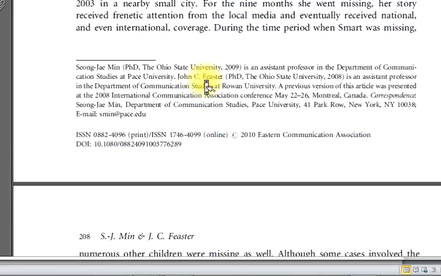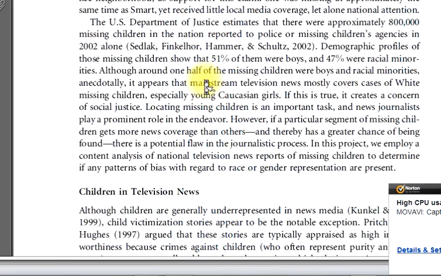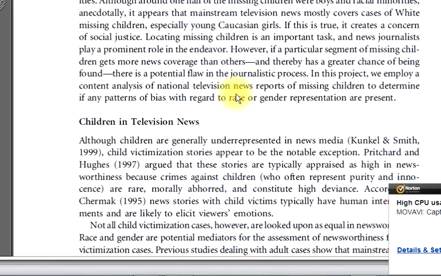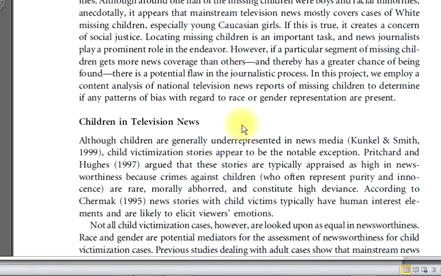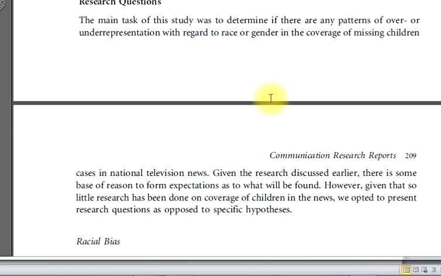Now this person opens up with a concrete example of something. Okay, see this? The main task of this study was to determine. That's a map, even though it doesn't say, you know, I'm going to do this. This person's not using the first person, but that does tell you what the goal was.